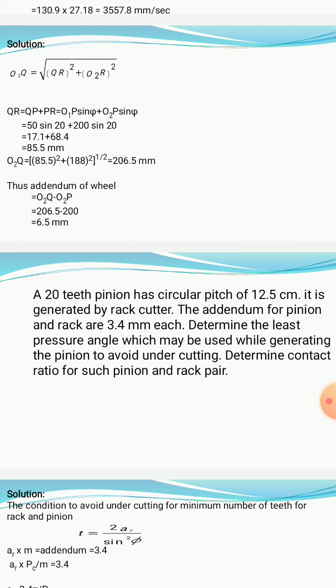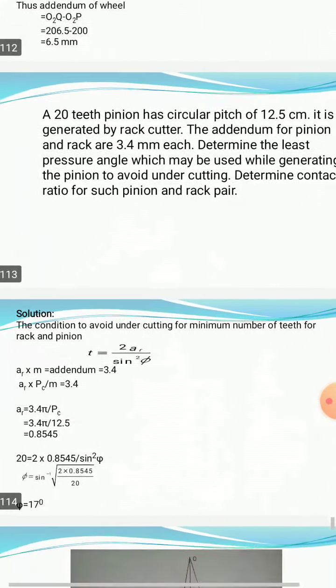With such a case we draw that particular condition for the gear engagement. In the last video also we discussed some numericals based on this. Again we discuss some numericals in this video, and then we move further.